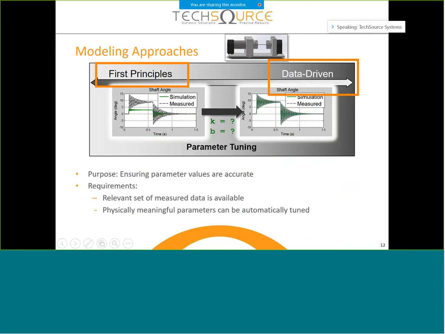So this is data-driven modeling, and the third way, the last way, is a combination of both first principles and data-driven modeling. This is if you know something about the system. For example, you know the equations of the system, but you do not know the parameters. This is normal. Sometimes the parameters are easy for us to get.